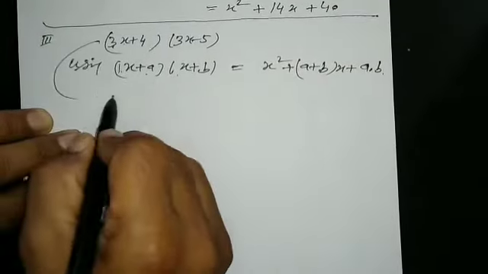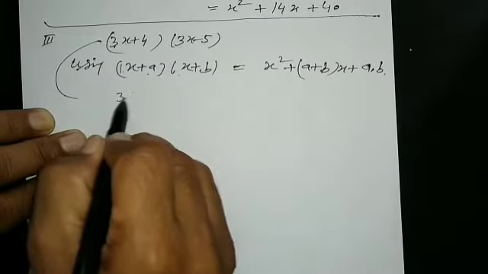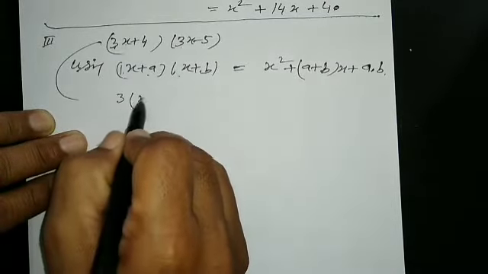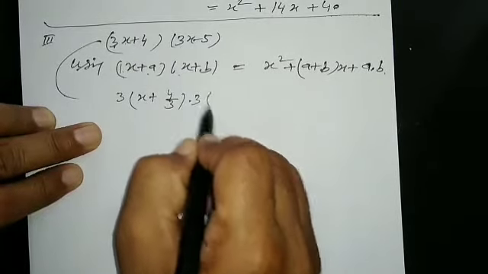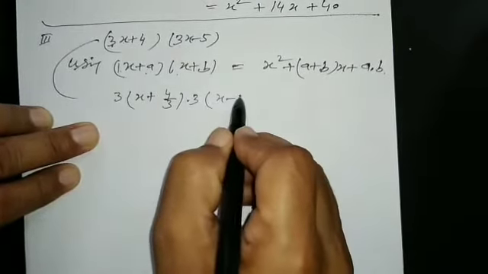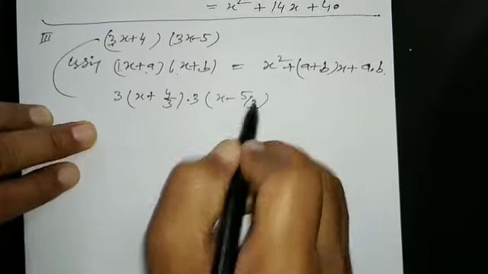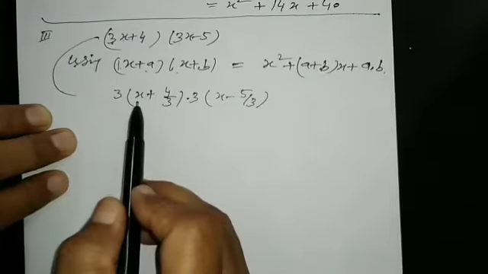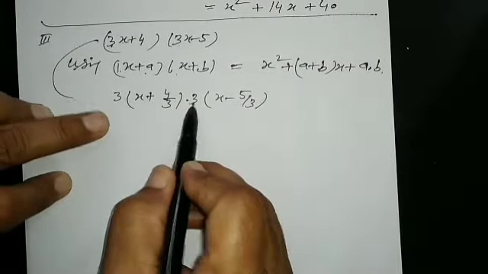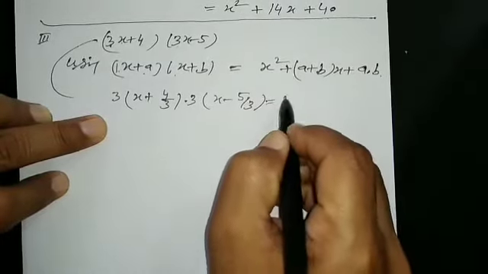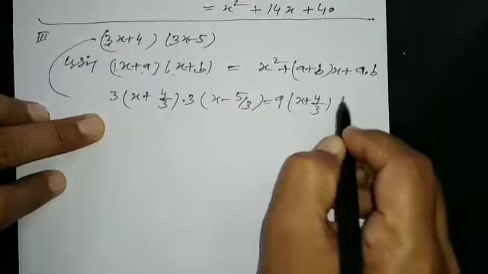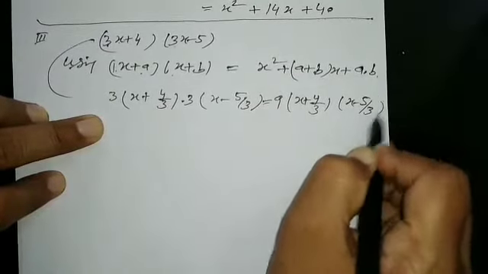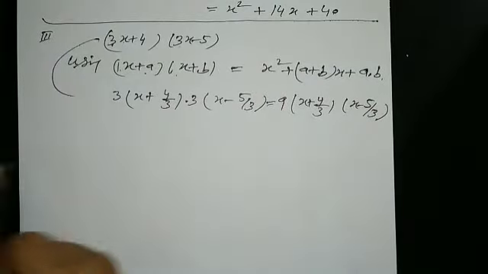How? You can take 3 common from here, you will get x plus 4 by 3, and 3 also from here, you will get x minus 5 by 3. Now this is 3 into 3, you will get 9, x plus 4 by 3 and x minus 5 by 3, right?